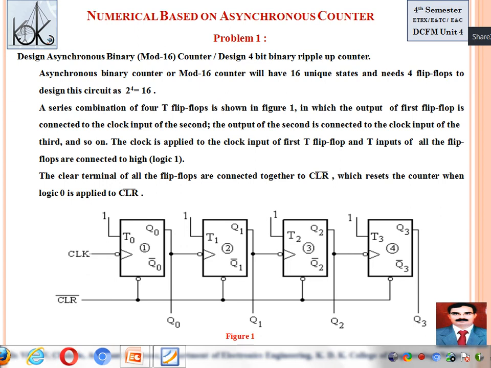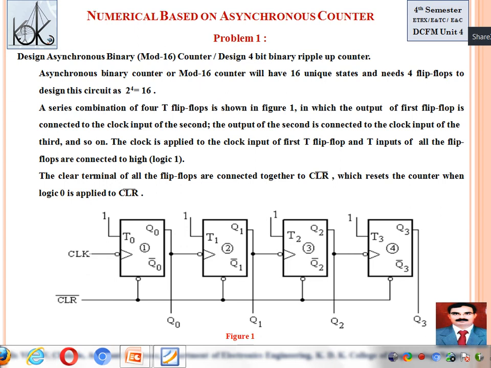So the next flip-flop is triggered by the previous one, right? For example, flip-flop 4 is triggered by the output of flip-flop 3, flip-flop 3 is triggered by the output of flip-flop 2, and flip-flop 2 is triggered by the output of flip-flop 1.